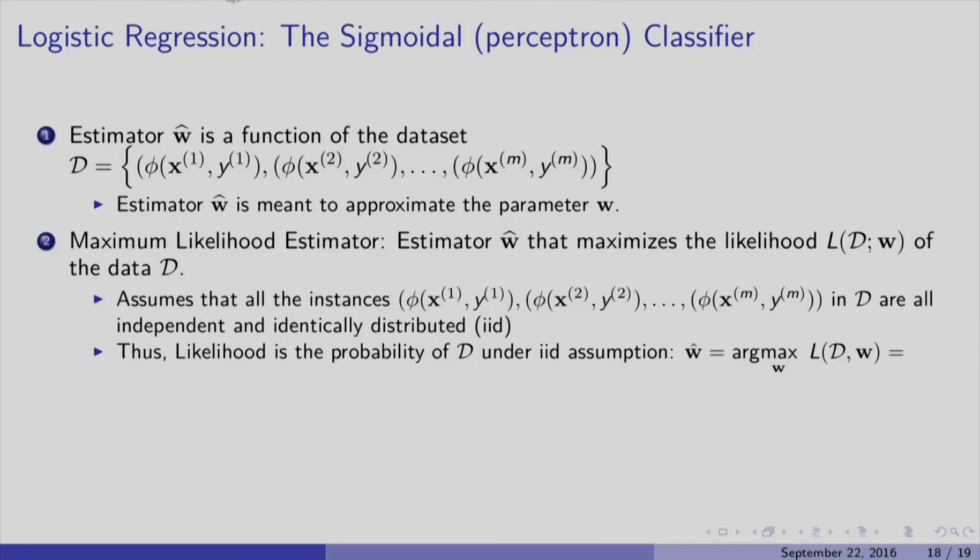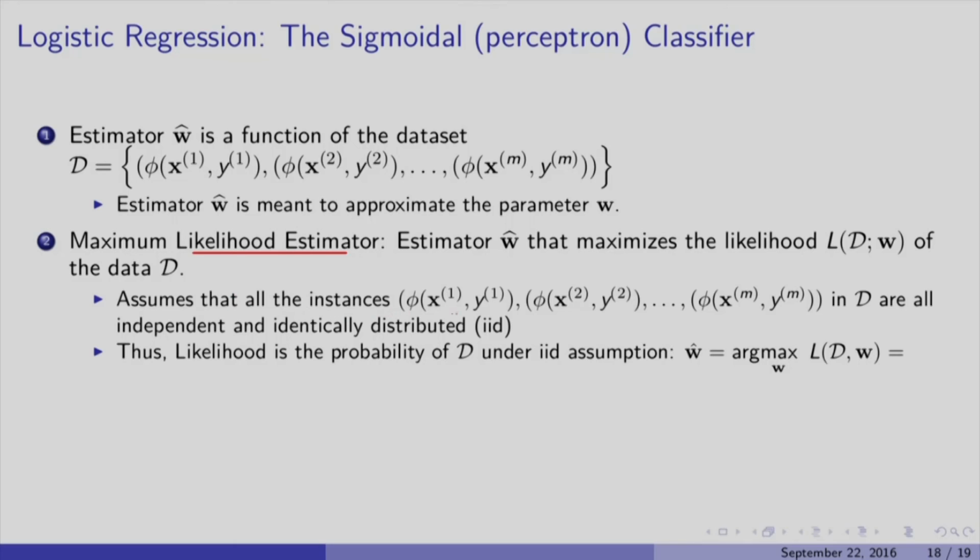One can estimate the w hat for the separating surface using principles of optimization that we have already discussed for probabilistic models. We will actually resort to the maximum likelihood estimator. It is the estimator w hat that maximizes the likelihood D(w) of the data.